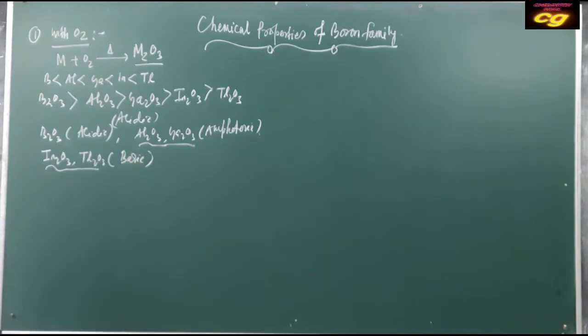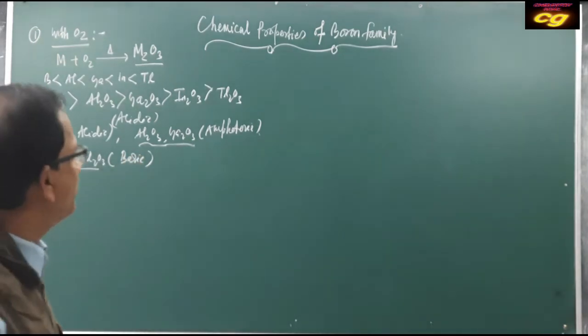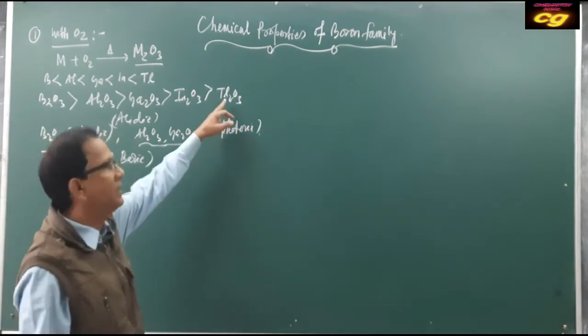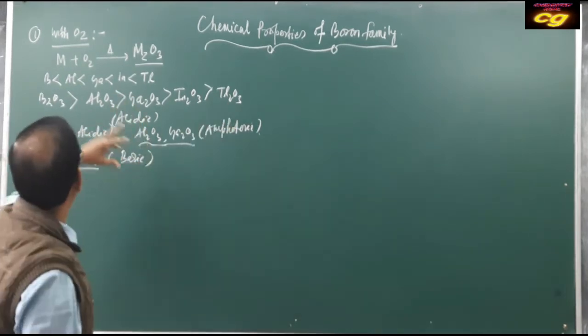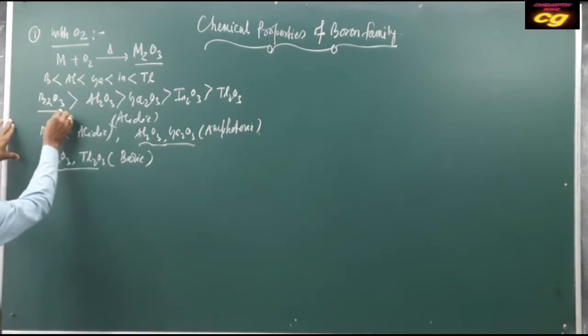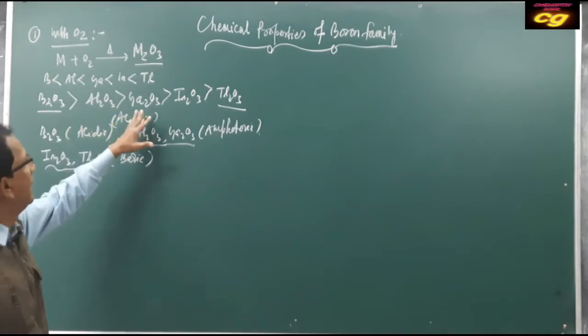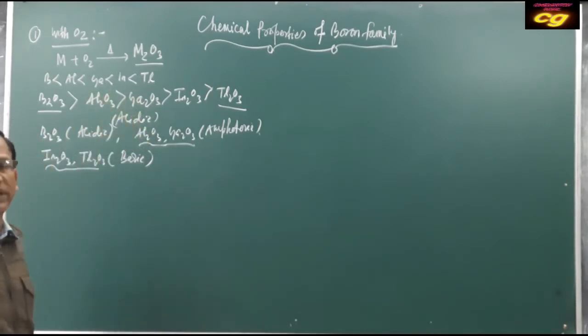So you have to remember this. This is a very important difference. If a question is asked, which is most basic, that is thallium. Which is most acidic, that is boron. And aluminum and gallium, these two have amphoteric character.